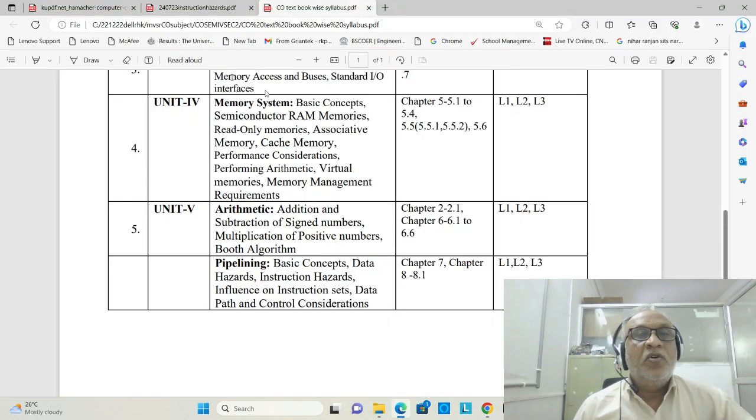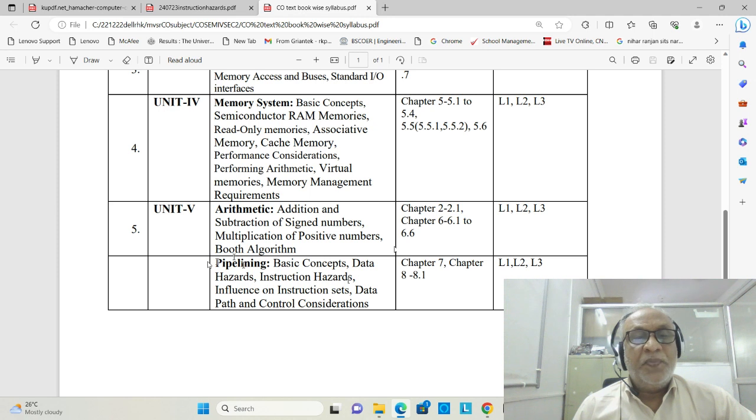Let us continue our discussion of the subject computer organization. Last time we had seen the basic concepts of pipelining, then data hazards. In this session, we will introduce instruction hazards.